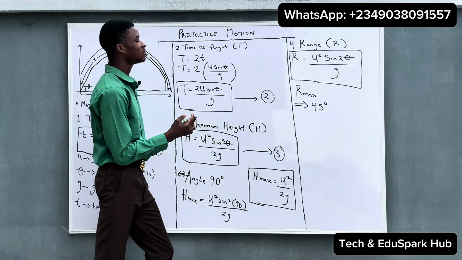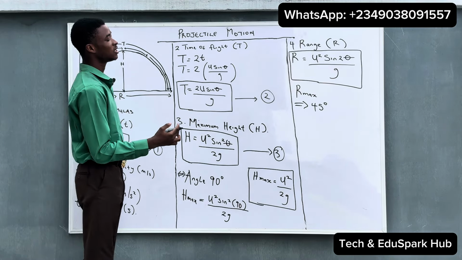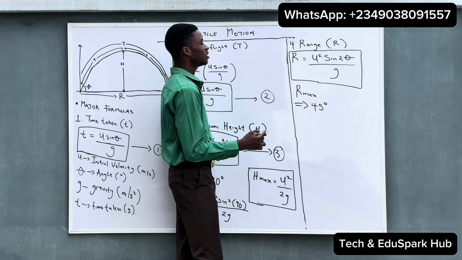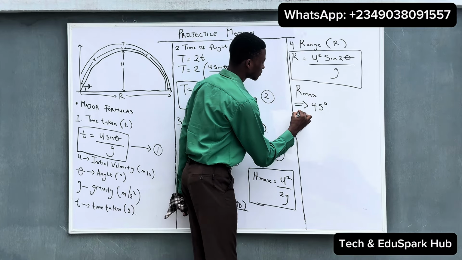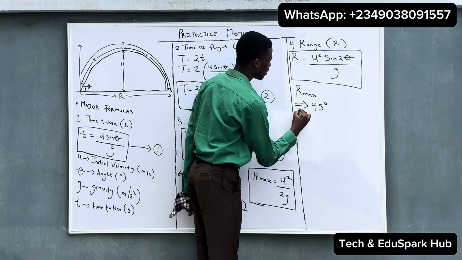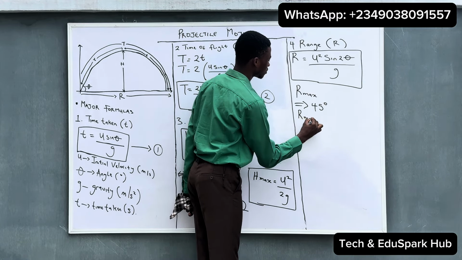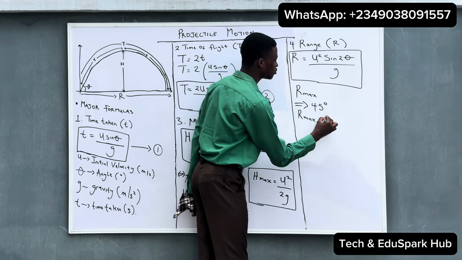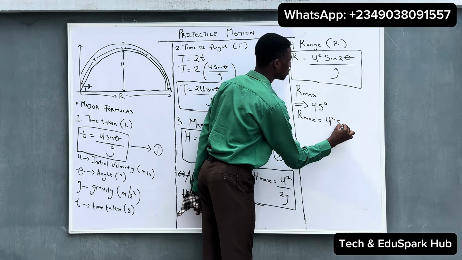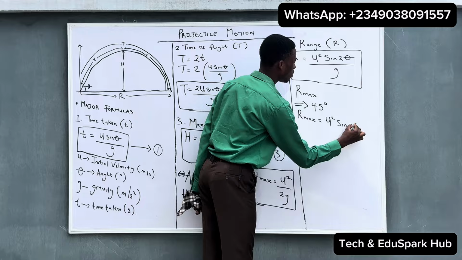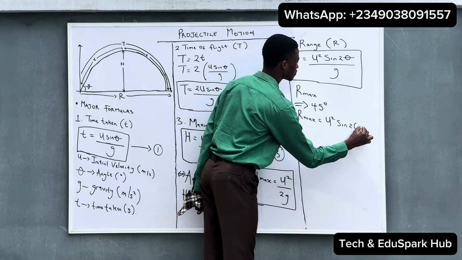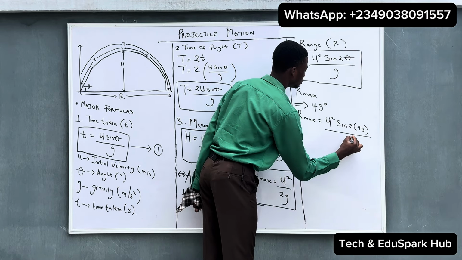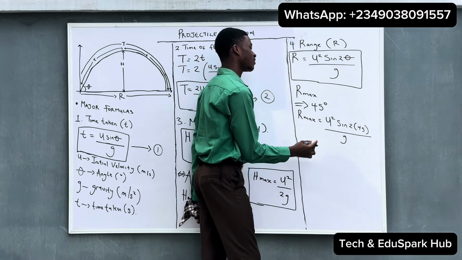So putting this in the formula, R max is equal to u square sine 2 open bracket 45 degrees over g, which is our gravity.